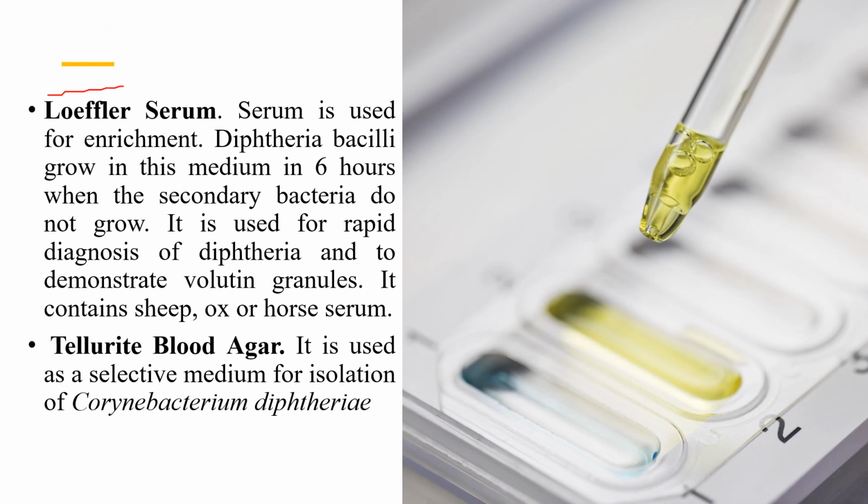Then there is Loeffler serum, which is used for the growth of diphtheria bacilli, and it contains serum of horse, sheep, ox, or rabbit. And then there is tellurite blood agar medium. It is used for the growth of Corynebacterium diphtheriae.